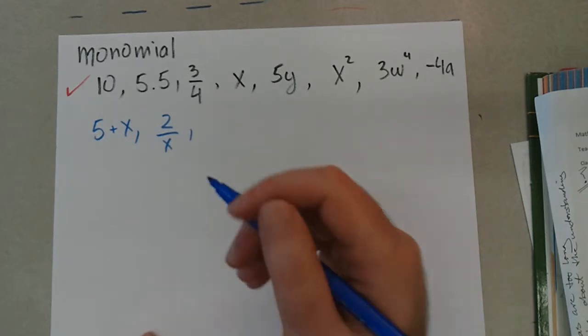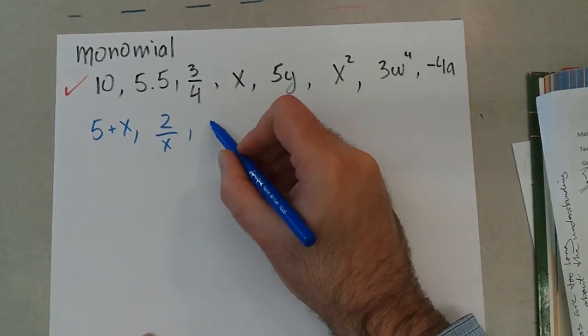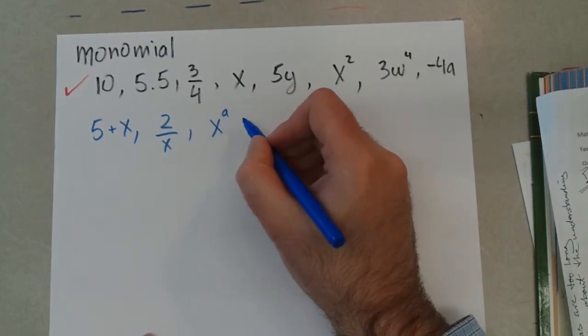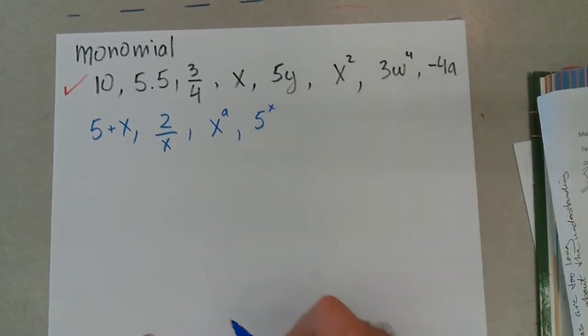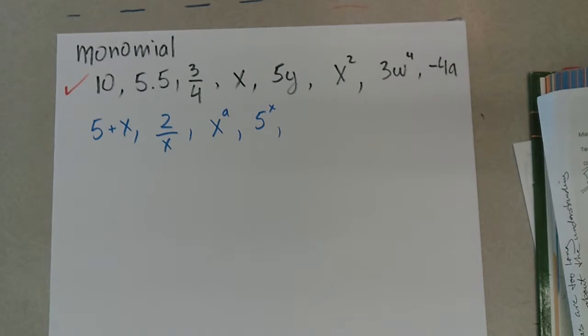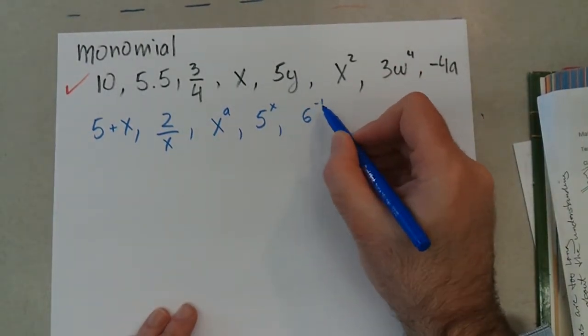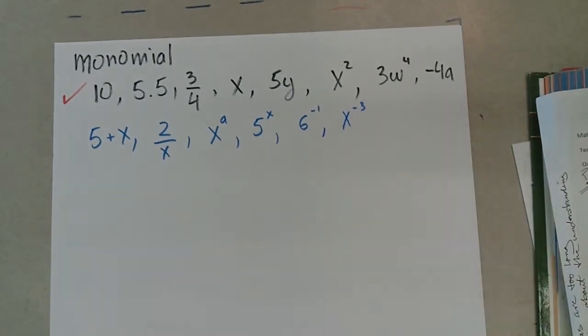You can't have variables for powers or exponents. So let's say x to the 8th power, that's a no-go, or 5 to the x power, that's a no-go. So can't have variables as an exponent. And you also can't have negative exponents. So 6 to the negative first power, nope. X to the negative third power, also a no.